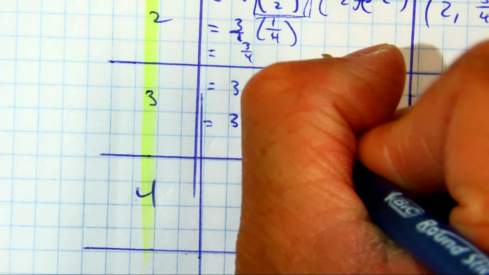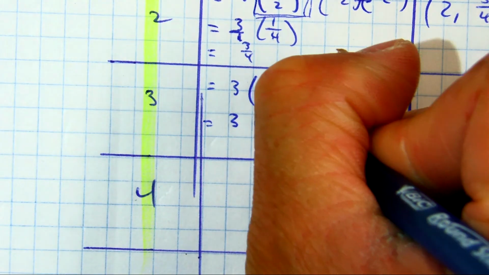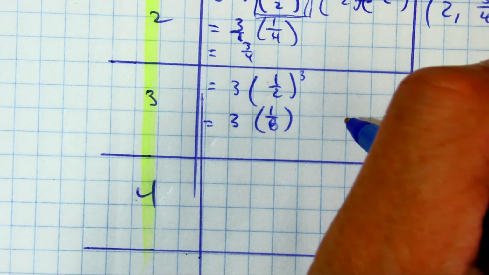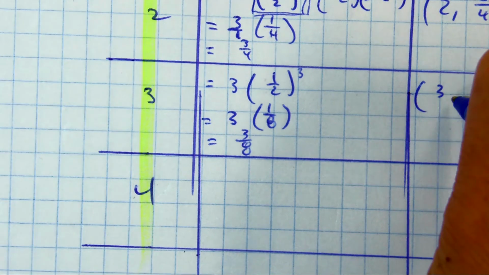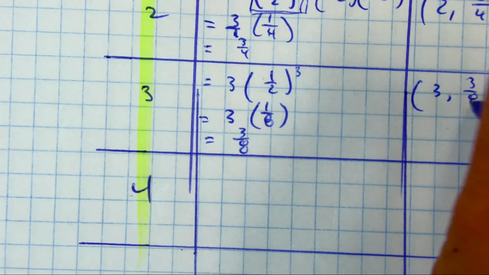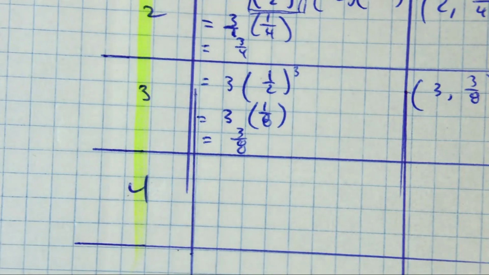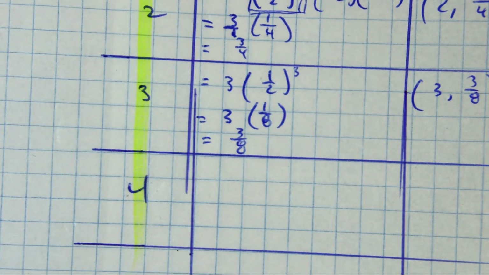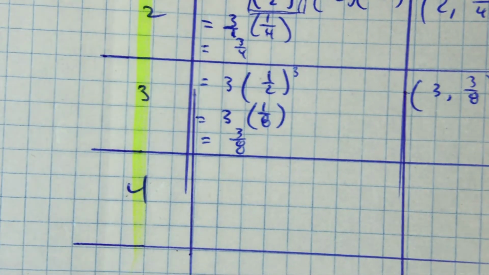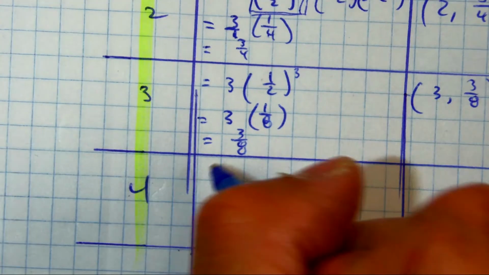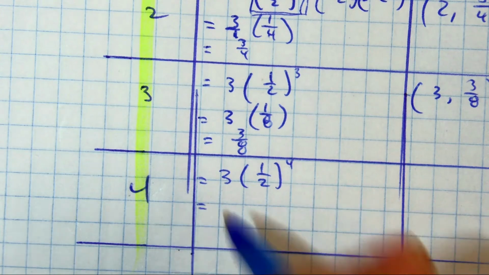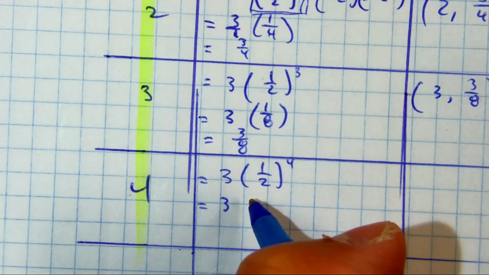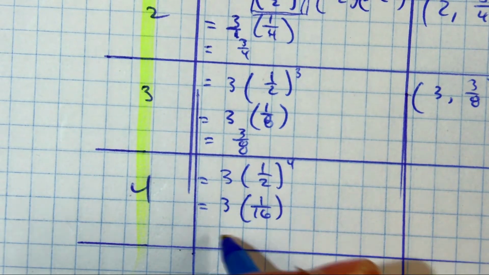She can do it. And 3 times 1/8? 3/8. And 4. Jocelyn? 3 times 1/2 to the 4th, and 3 times 1/16 is equal to 3/16.